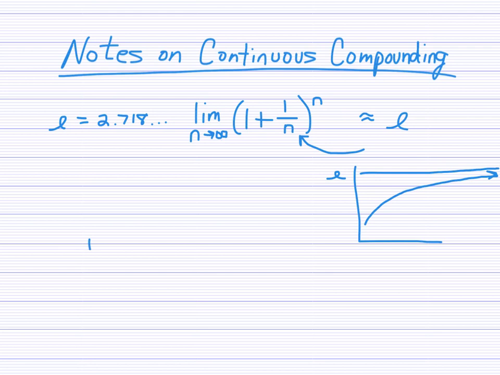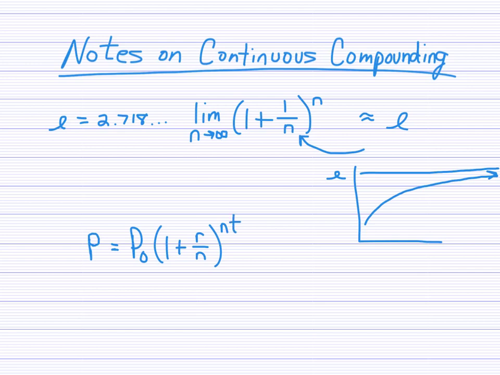And much like we've studied in the past, what if we took that initial investment? So recall our compounding formulas from the past. We took that initial investment, we multiplied it by 1 plus the interest rate divided by the number of compounding periods, to the number of compounding periods times t.